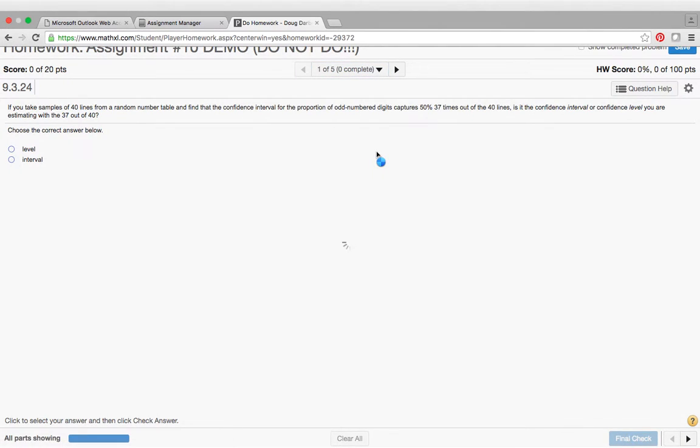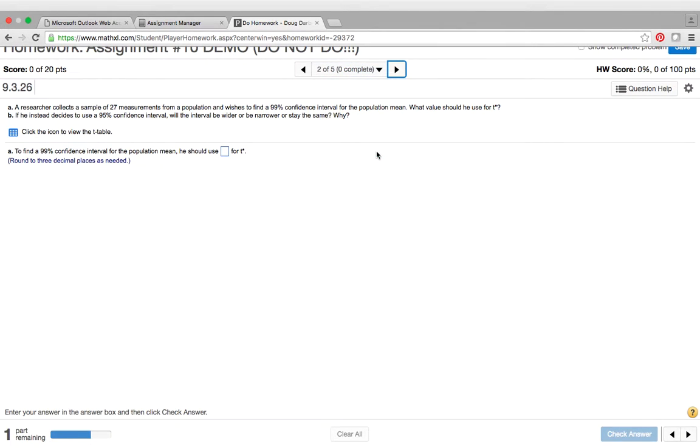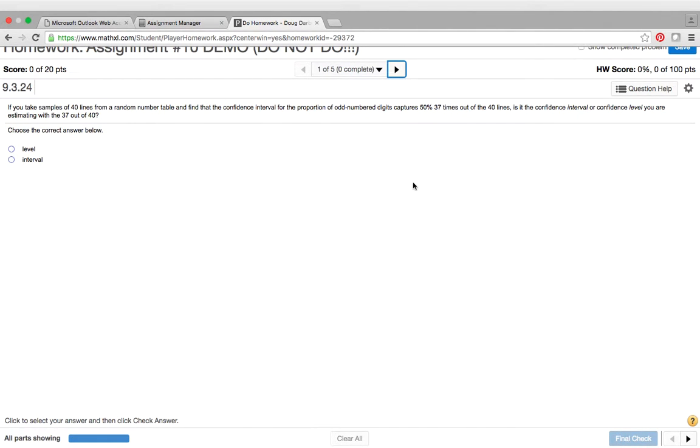Let me make sure that I'm doing the right thing here. Yeah. All right. Cool. So the first question, which I didn't want on there, but oh well, let's work it anyway. If you take samples of 40 lines from a random number table and find the confidence interval for the proportion of odd numbered digits, it captures 50% in 37 out of 40 lines.